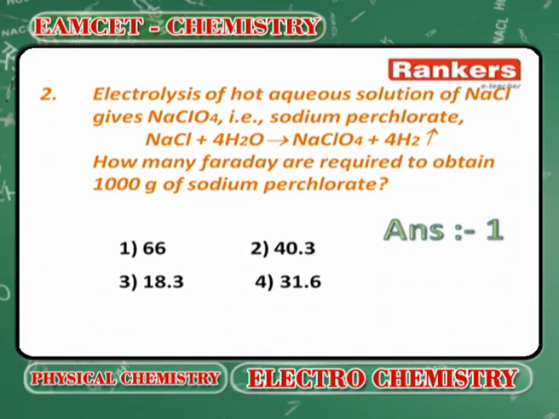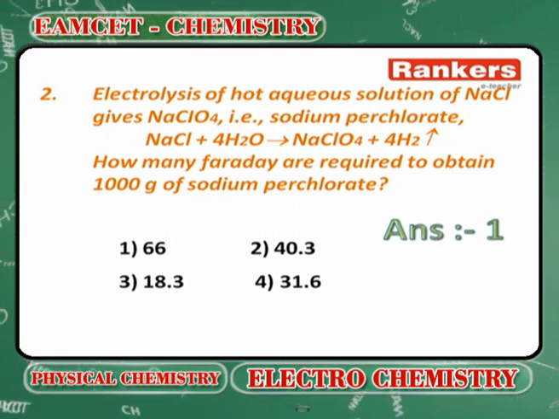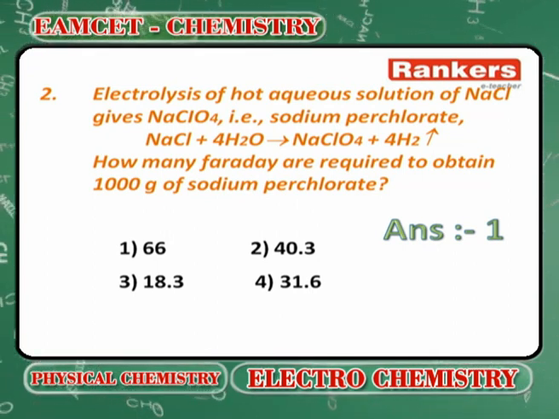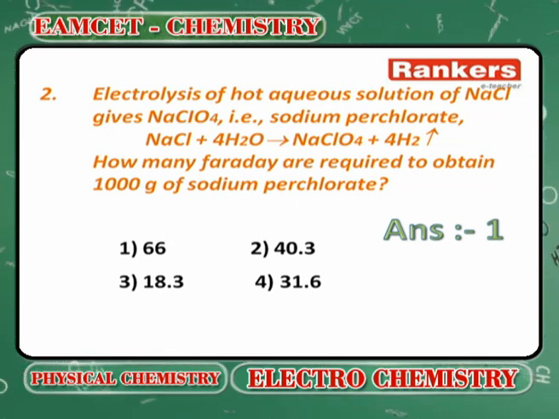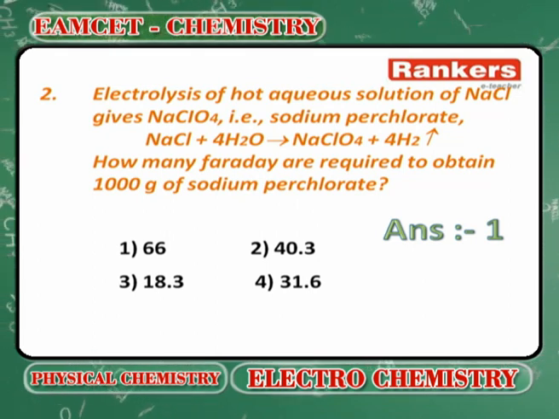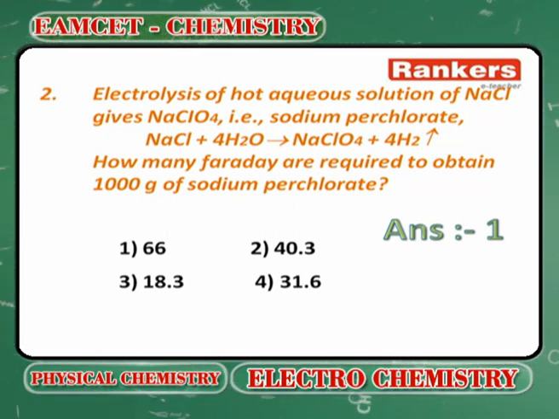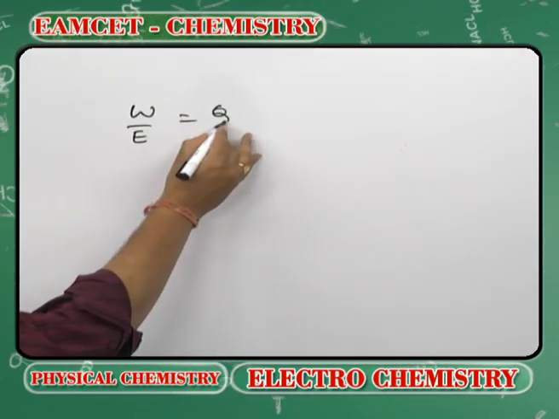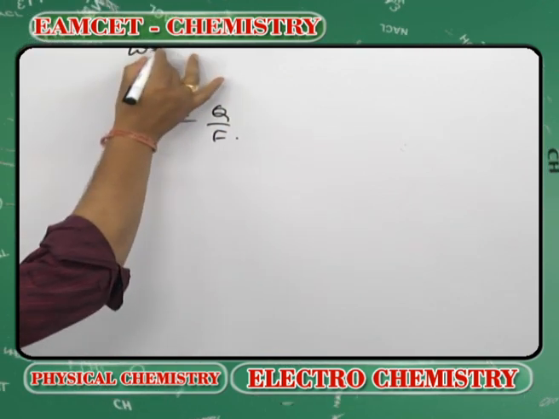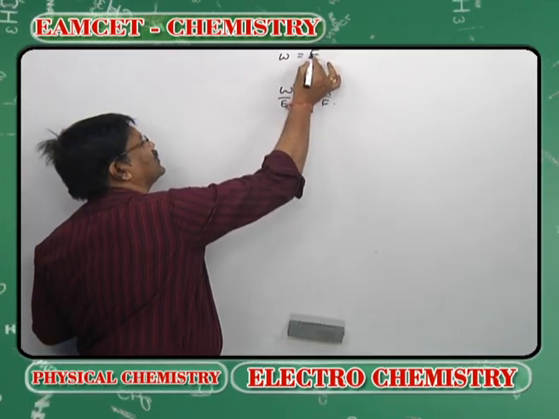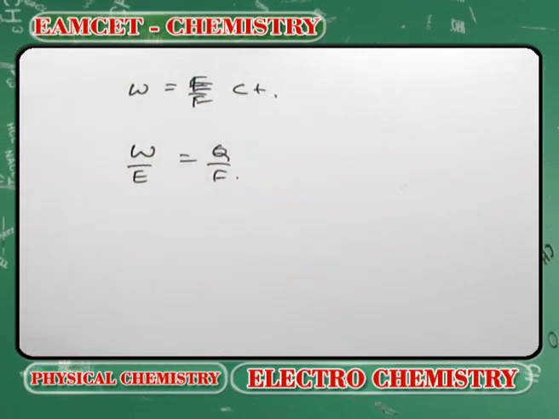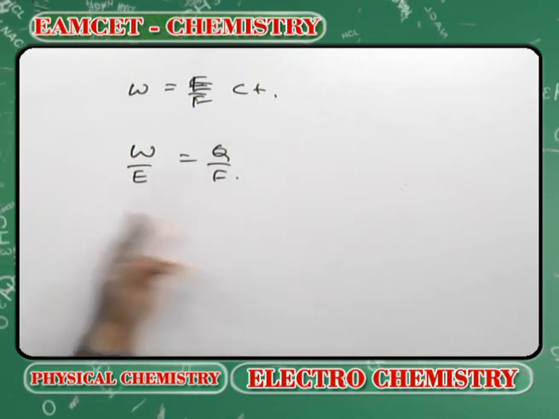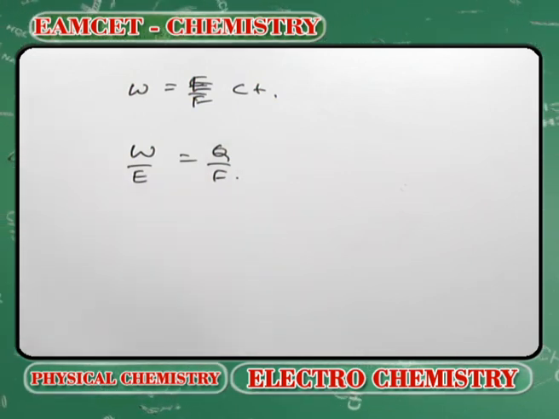Next. How many Faradays are required to obtain 1000 grams of sodium perchlorate? So simple logic is W by E is equal to Q by F. W is equal to E by F Ct, which is simplified as W by E is equal to Q by F. Now what is W? 1000 grams.